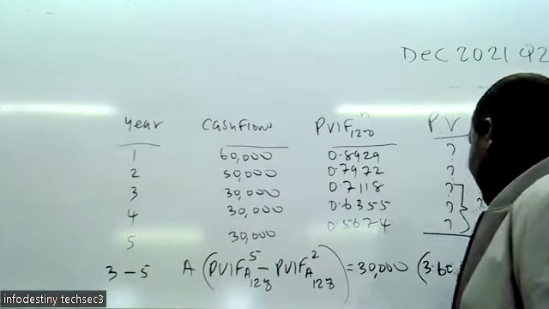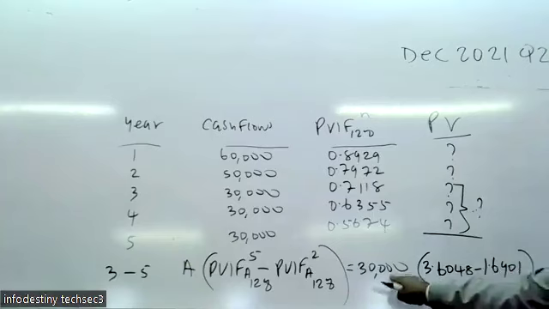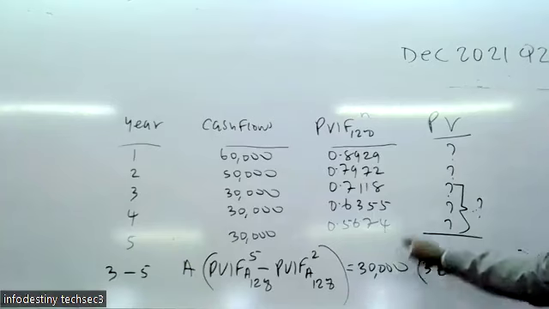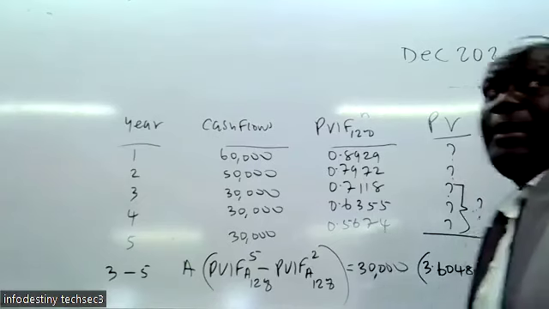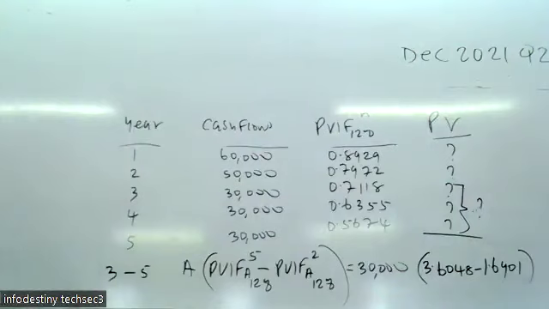Then now confirm in the same table, the one for year 2. 690. So subtract this from this and multiply by this, and see whether you get the same figure that you had added for year 3, year 4, and year 5.